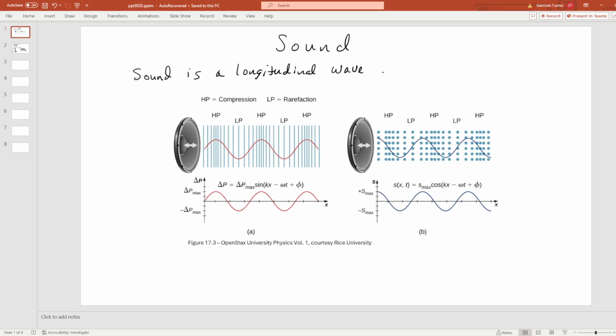So recall what this means. Typical transverse waves have a wave propagating, but the motion of individual particles is perpendicular, in this case up and down, to the velocity of the wave.